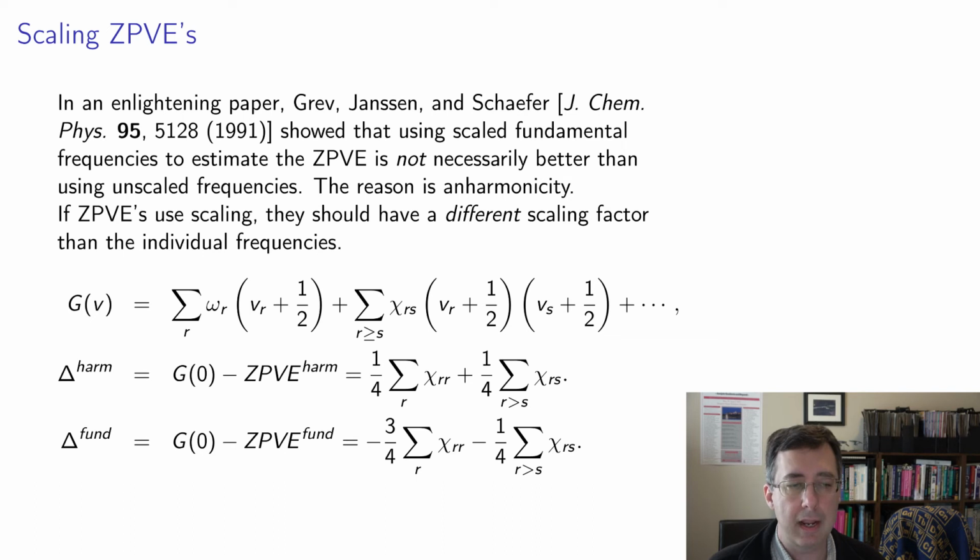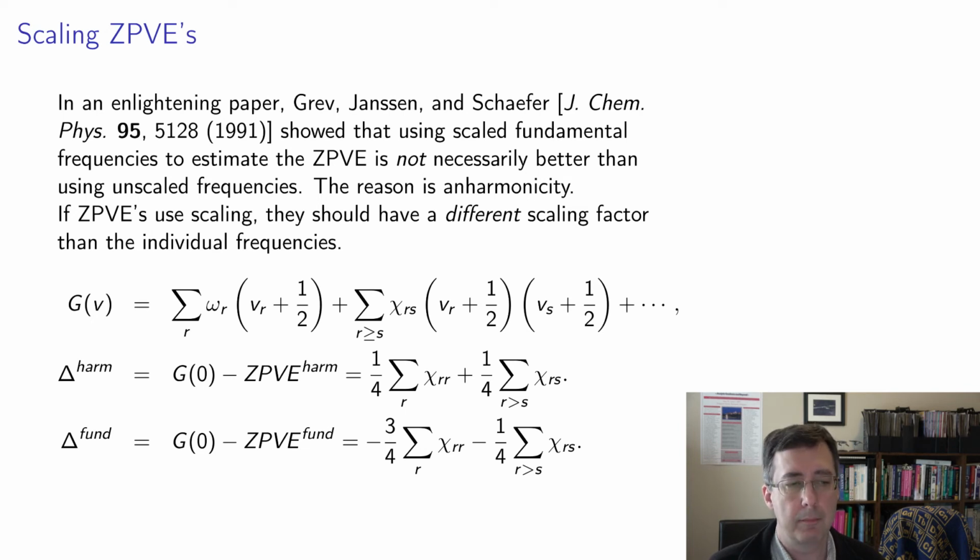And if you write out the energy of a vibrating molecule, G sub V, where V is the number of quanta in each vibrational mode, then you have a harmonic piece, which is this first piece, plus an anharmonic correction. And we sometimes ignore the anharmonic correction, but it's there in reality. And so what this paper does is it just makes a very simple point.